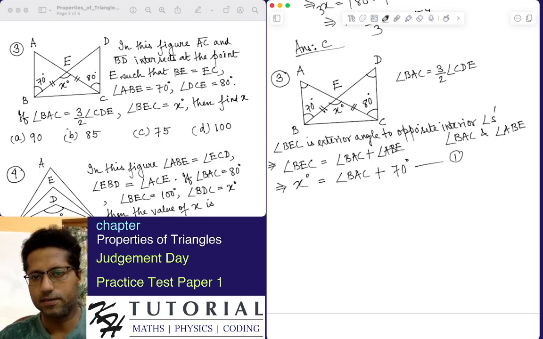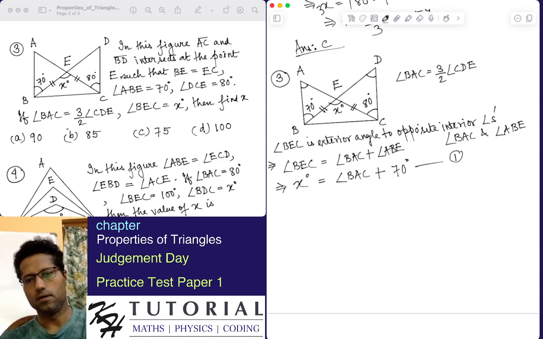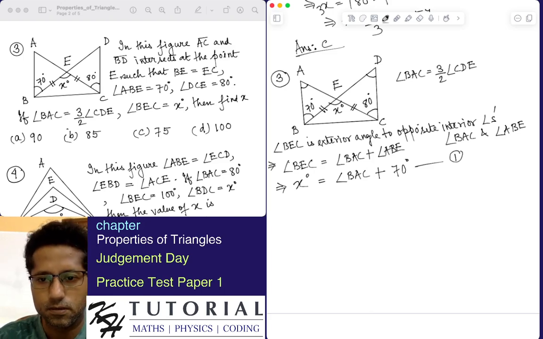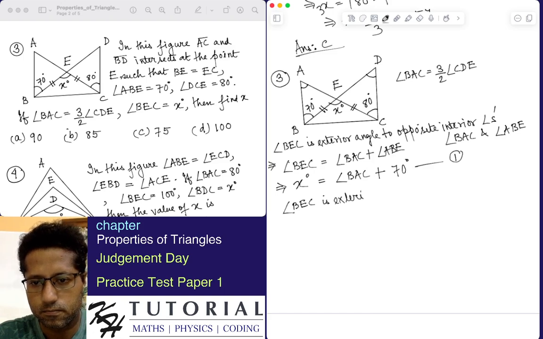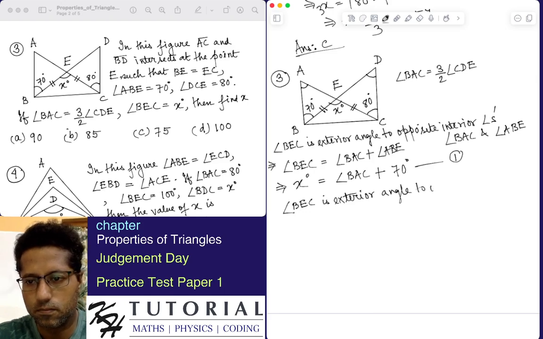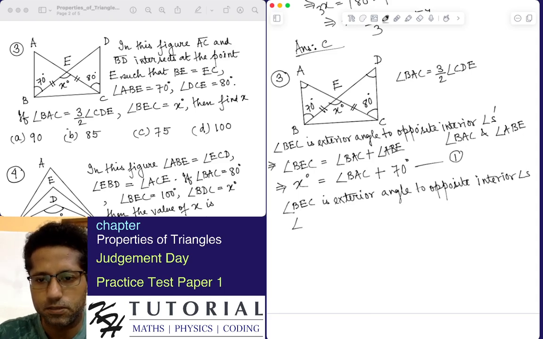Also we can see that angle x is also an exterior angle to the 80 degree angle and the angle EDC or CDE. So angle BEC is an exterior angle to opposite interior angles CDE and angle ECD.